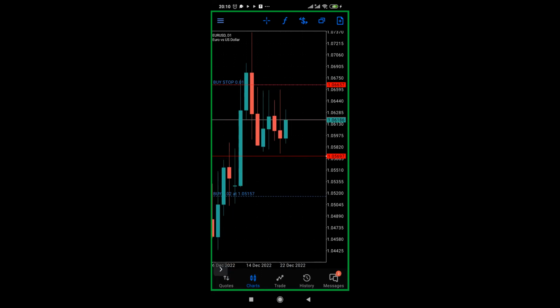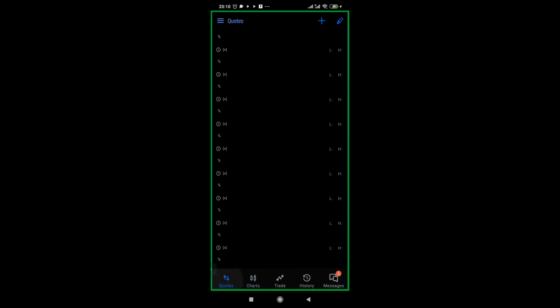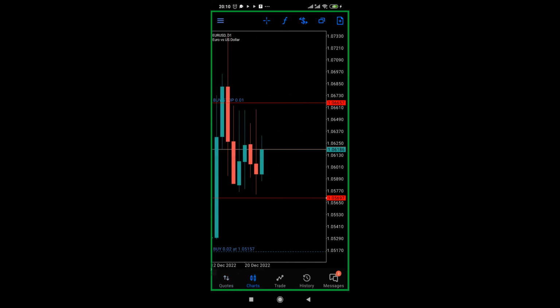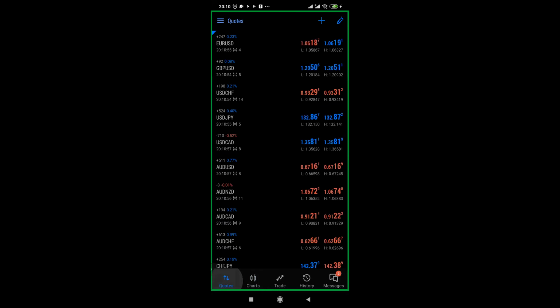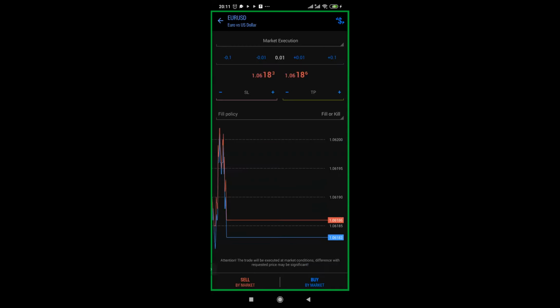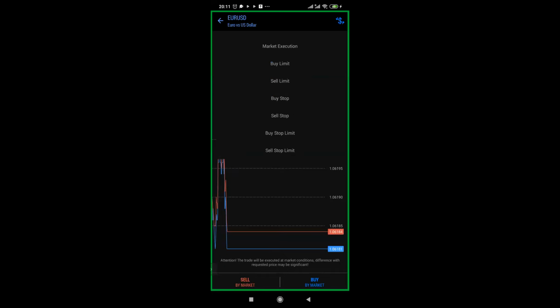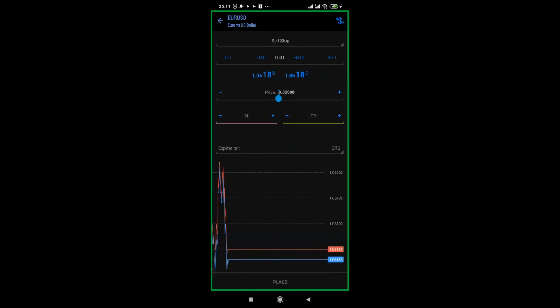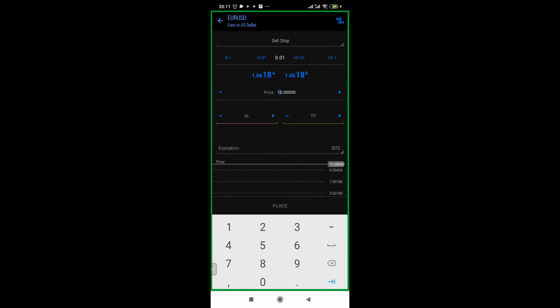All right, so let's get that price, 1.05697. New order, change to pending sell stop.